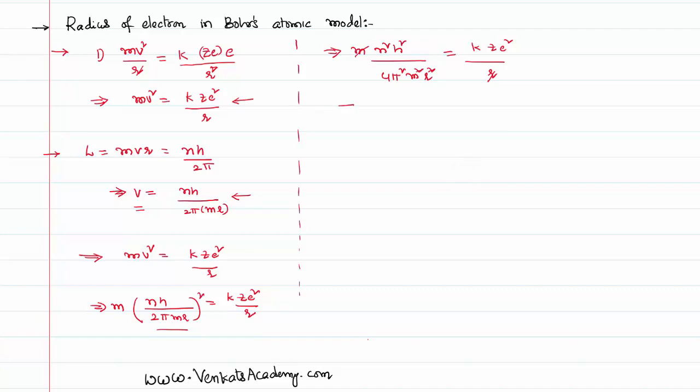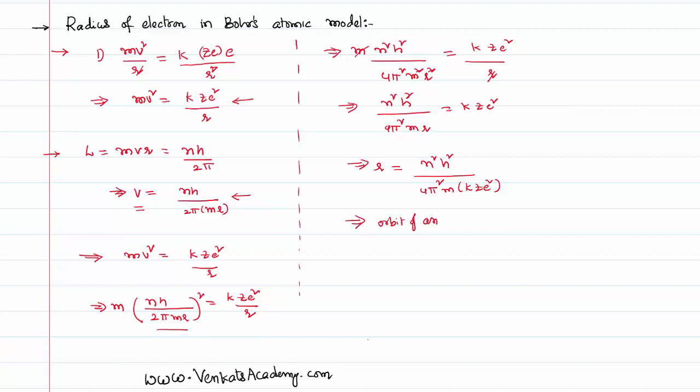So what is remaining? n square h square by 4 pi square m r equal to K Ze square. That implies r equal to n square h square by 4 pi square m K Ze square.